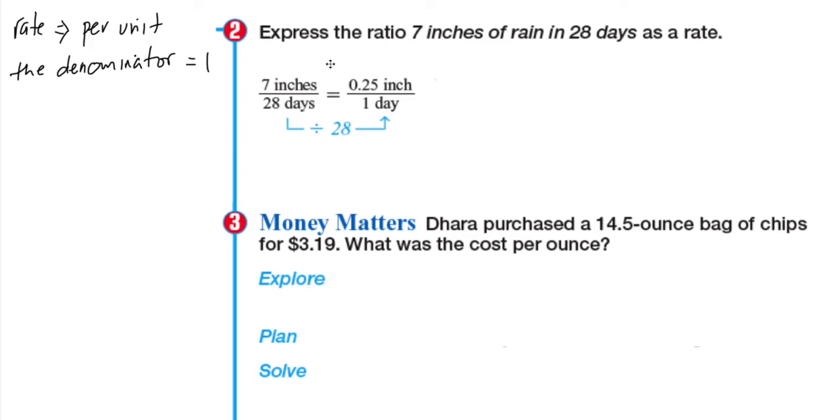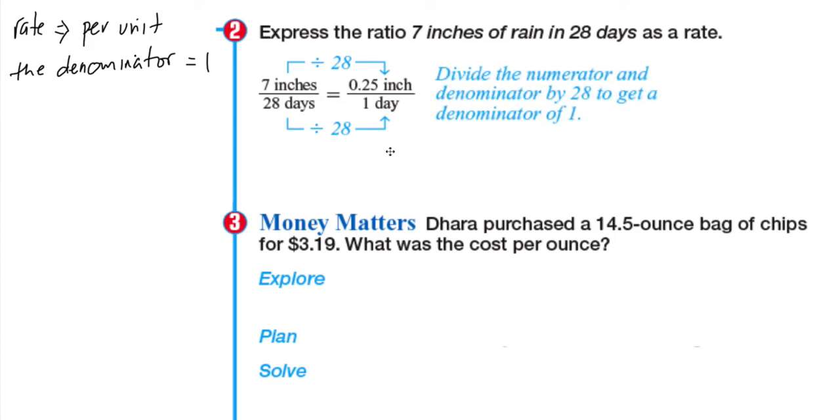Since we divided the denominator by 28, we need to divide the numerator by 28 also. And that's why you have 0.25. The total rainfall is equivalent to 0.25 of an inch each day. So this simply means 0.25 of an inch per day. The fraction bar indicates per day or each day.